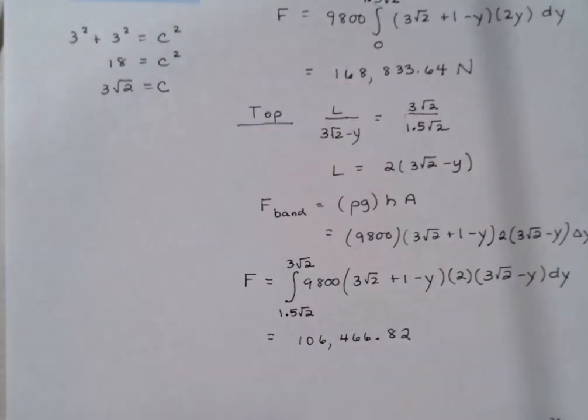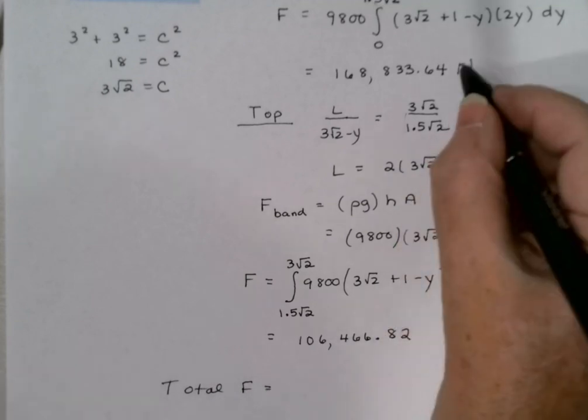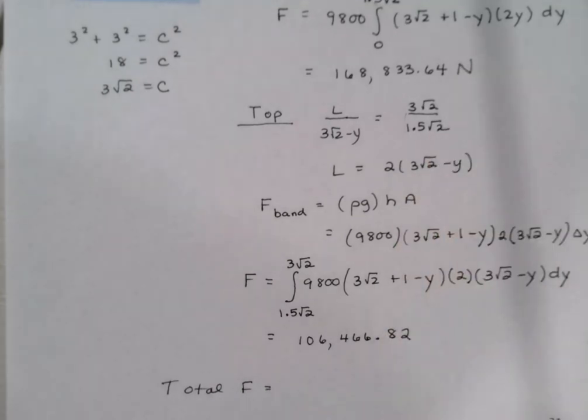Why would that be? Because it's not as deep, right? Less pressure is exerted by this water because the depth was not as great for the top half as it was for the bottom half.